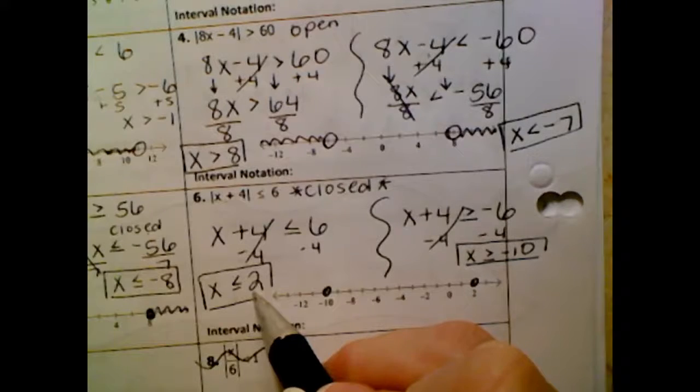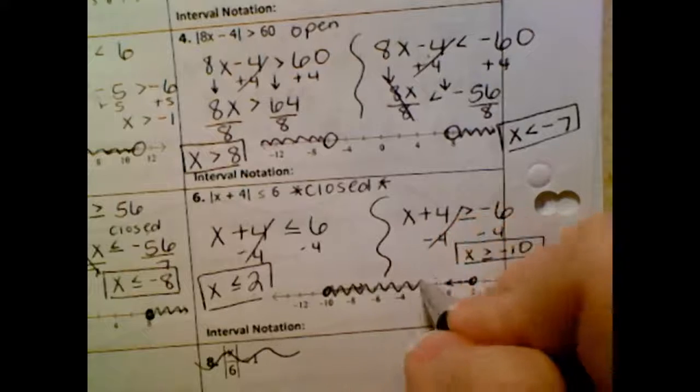Closed circle at 2, closed circle at negative 10. Looking at my 2, I want all of my numbers that are less than 2, which would go in this direction. Looking at my negative 10, I want all of the numbers that are greater than negative 10. I'm shading in between.